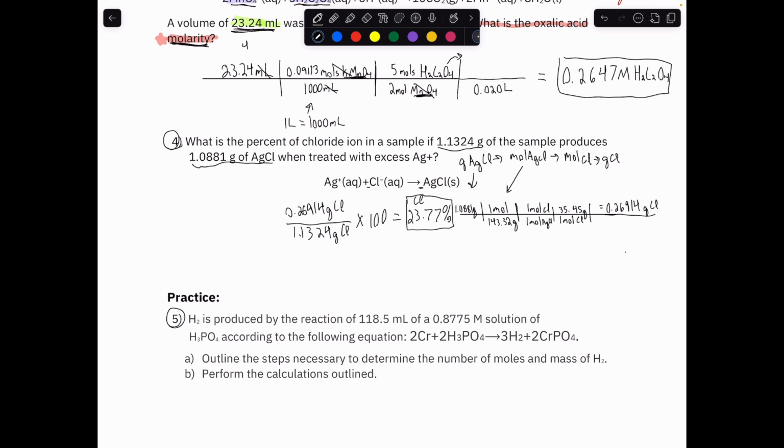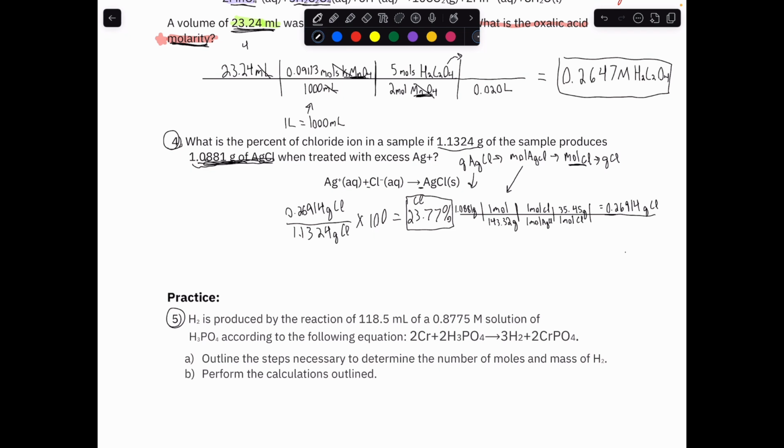That's honestly what I would do. Deborah went a little more in depth and said we're going to take the molar mass of chlorine and divide it by the molar mass of the AgCl, and we'll get a percent, which we can then multiply by our grams given.